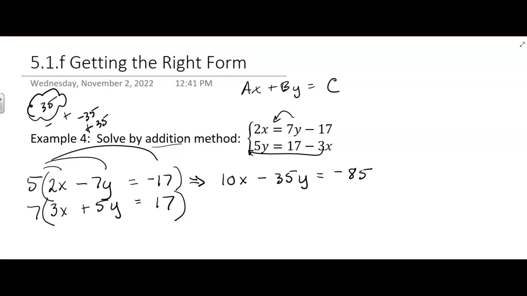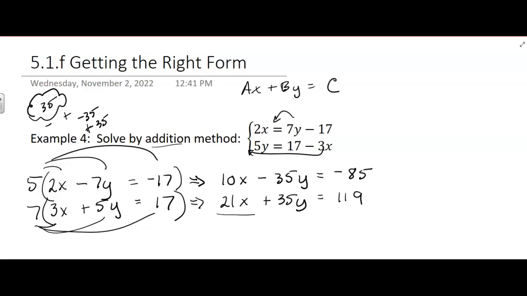Okay, so now I'm going to multiply the bottom equation by 7. So I'm going to get 21x plus 35y. Now that's really exciting because I have a negative 35y and a positive 35y, and those are going to eliminate. All right, so I did that. Then I got to multiply 7 times 17, which is, I went and got my calculator, 119.